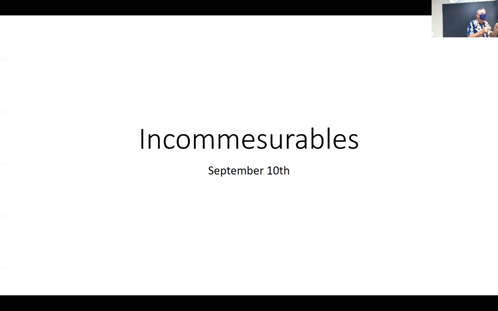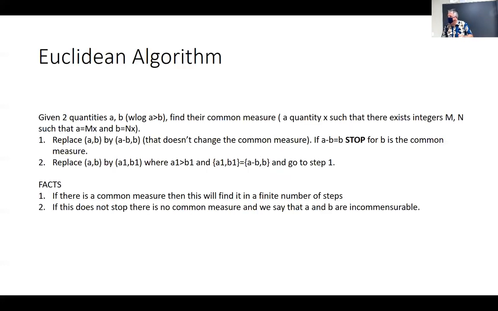So we've got this idea of a common measure: two things are commensurable if they have a common measure. You've got two quantities. One of the basic things we want for a quantity is that you can double it or triple it, that you can multiply it by any positive integer just by getting more of the things.